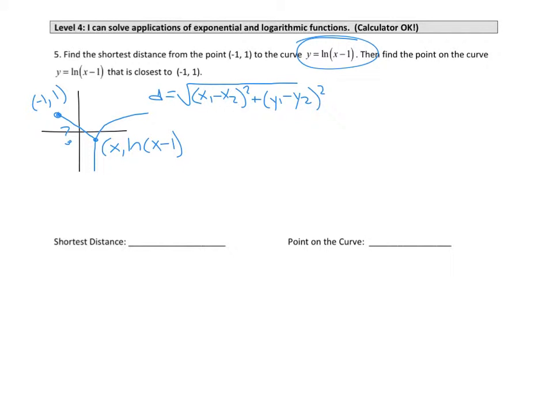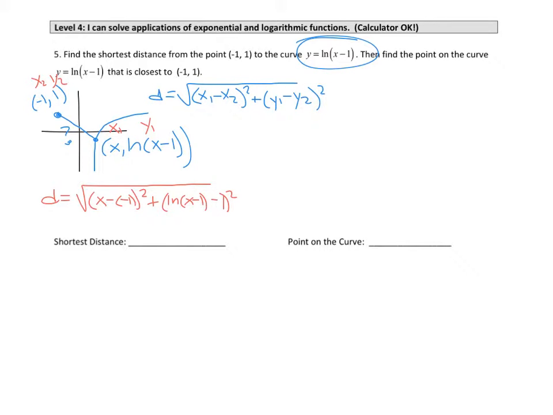So now I'm going to plug these in my distance formula. So this is going to be my x1, y1, and my x2, y2. So we get distance equals the square root of x minus negative 1, you can change that to x plus 1 if you want, quantity squared plus, for y1, natural log of x minus 1, close the parenthesis, minus 1, quantity squared.